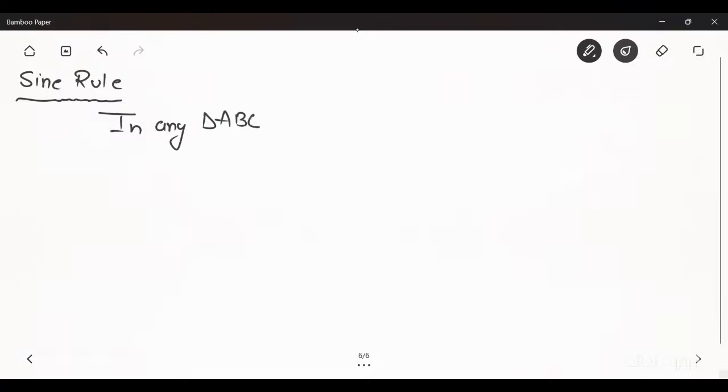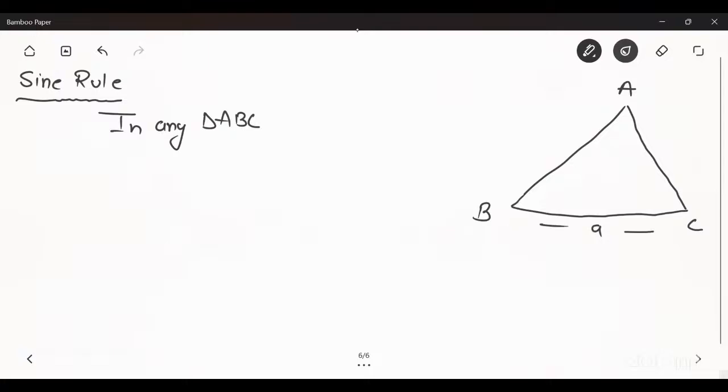Either it is equilateral, scalene, isosceles, or right angle, this rule is applied to all types of triangle. Now suppose this is the triangle. The side opposite to angle A will be a, opposite to angle B will be b, opposite to angle C will be c.